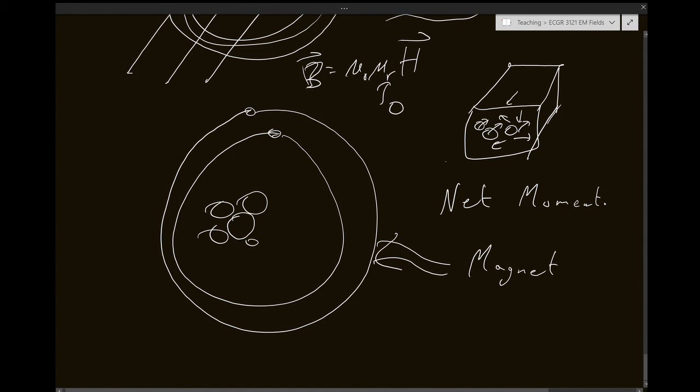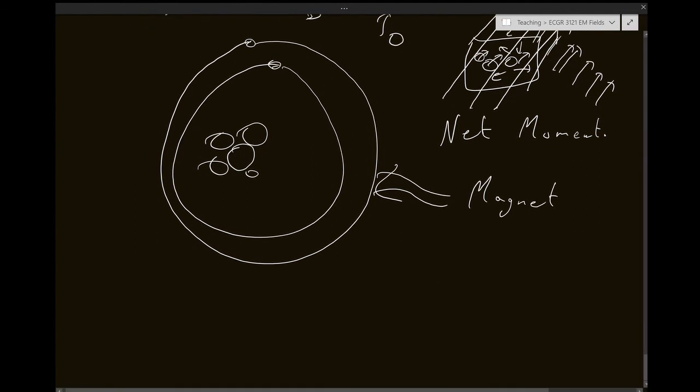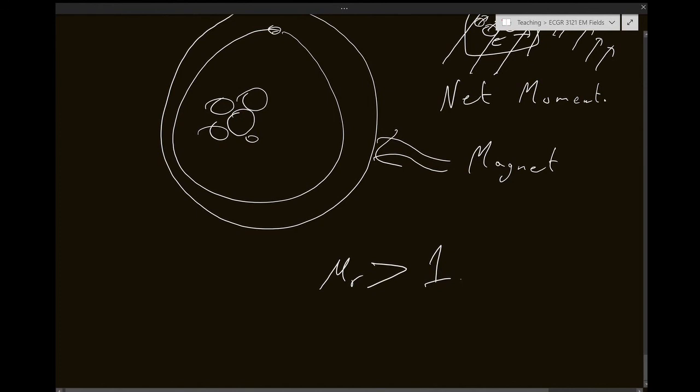And when you apply an external field, all you're doing is orienting the moments with the external field, and that orientation increases the flux density inside the material. So for those kind of materials, mu r is slightly larger than 1, right? It might be 1.001 or 1.01, right?